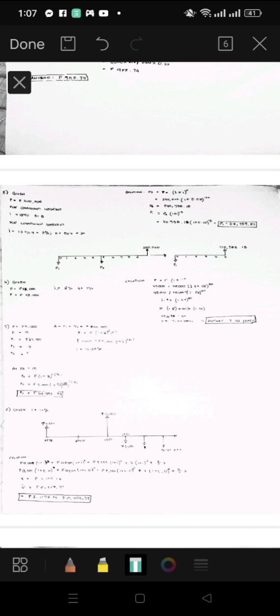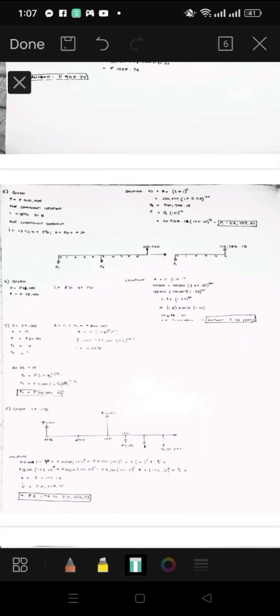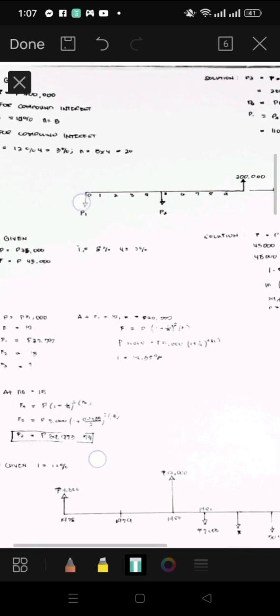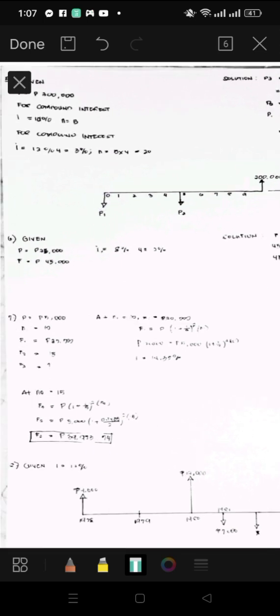So we proceed to our solution. F is equal to P multiplied by the quantity 1 plus I to the power of N, the compound interest formula.